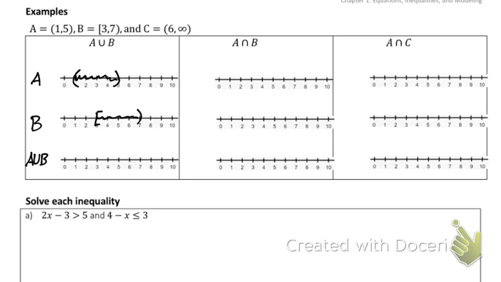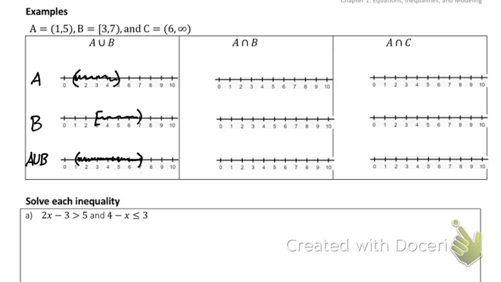So it's everything that's in A, tacked on to everything that's in B, and written down here. If we picture this all being transferred down to the bottom one, A provides my far left value, so that's 1. A ends at 5, but B picks up at 5 and continues all the way to 7.